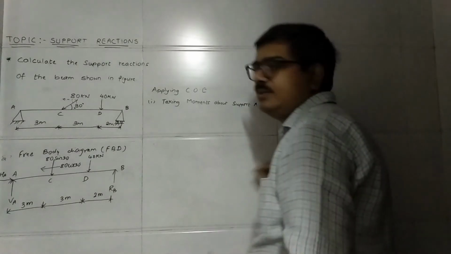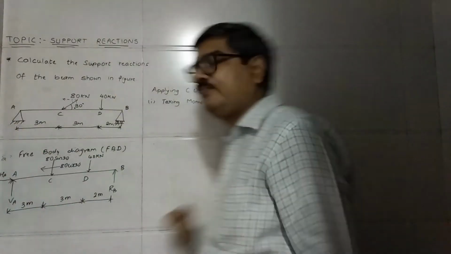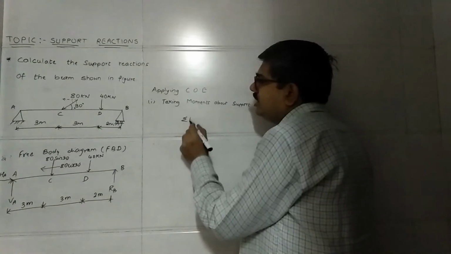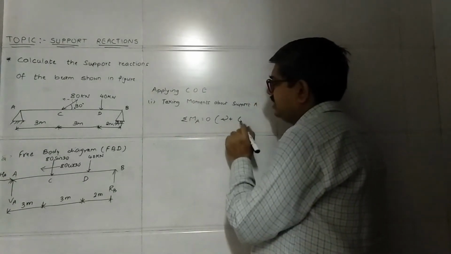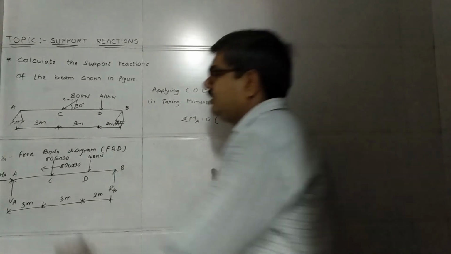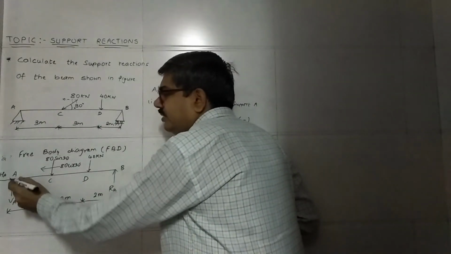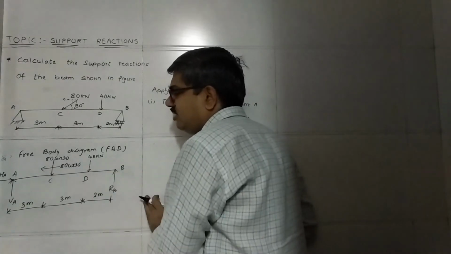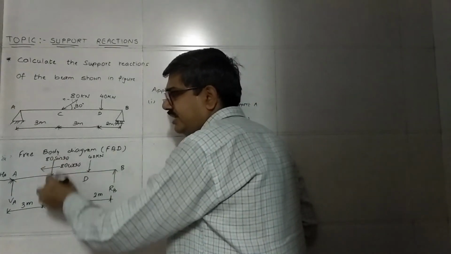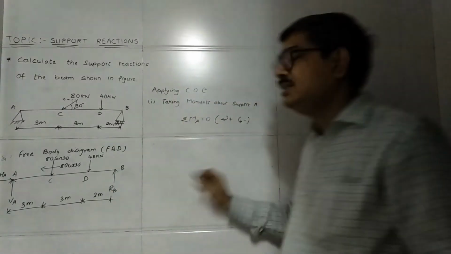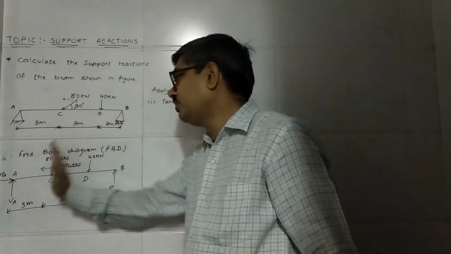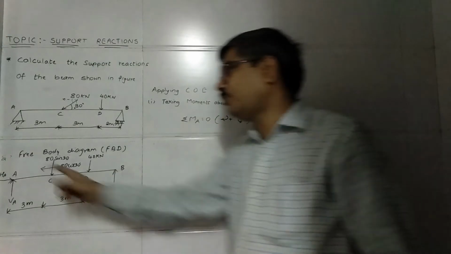So about this point A, summation MA equal to 0, clockwise positive sign convention and anti-clockwise negative. From point A, how many forces are there on the beam? Vertical forces are 80 sine 30 at C, 40 at D and RB support reaction at B. So we have to take the moments of all the three forces about point A.